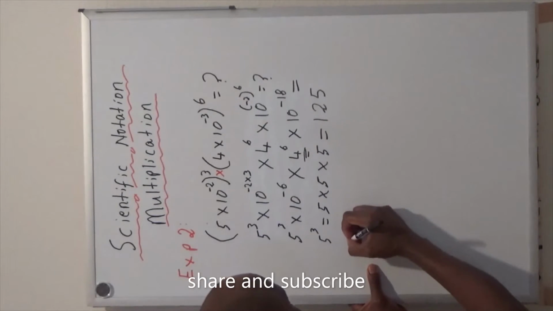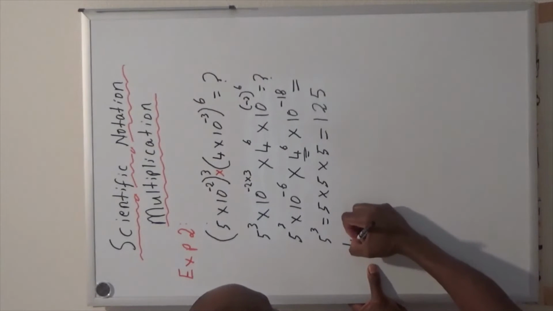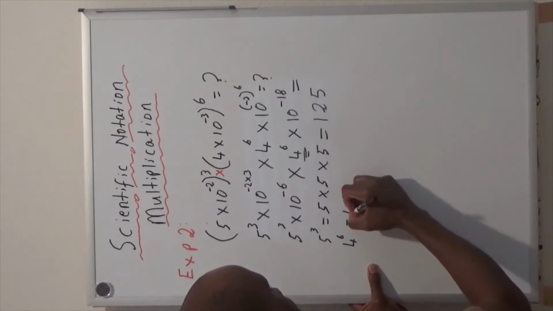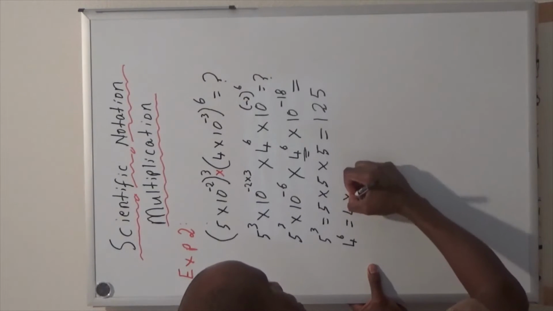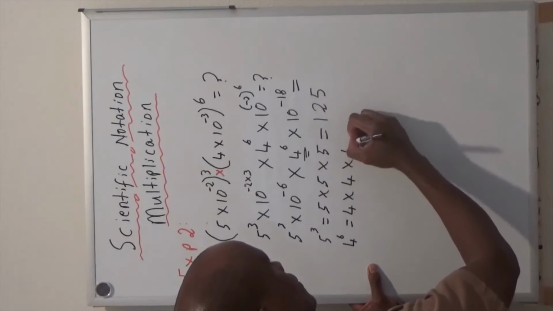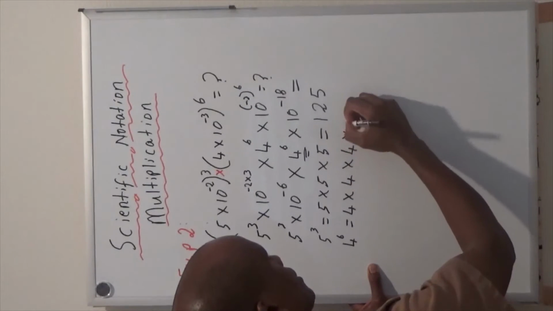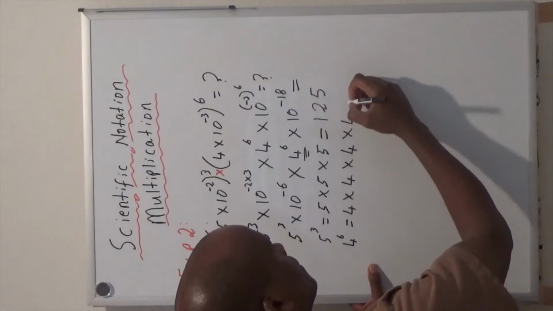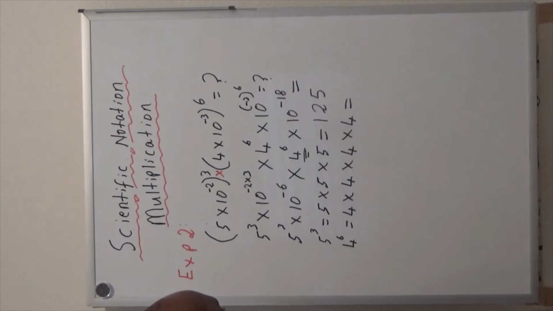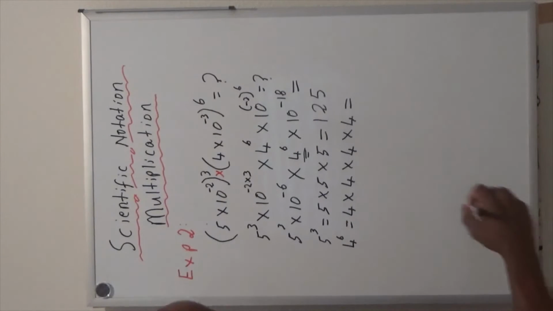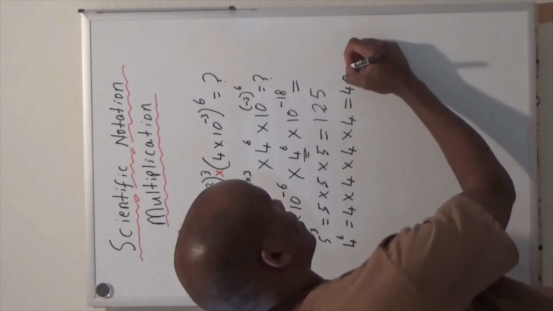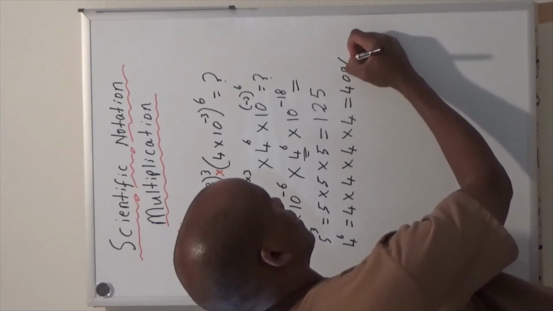Then I will simplify this one. 4 to the power of 6 is the same as 4 times 4 times 4 times 4, which I already calculated, is 4096.